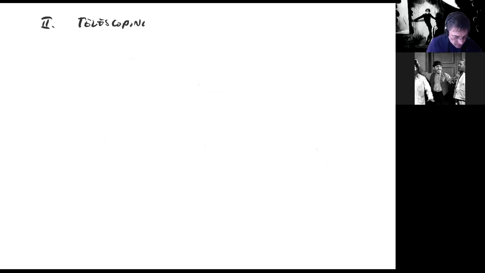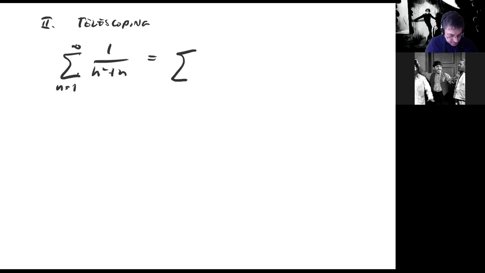There are lots of examples of telescoping series, but the one I want to start with is probably the first one you would encounter. This would be the sum, n goes from 1 to infinity, of 1 over n squared plus n. Now it doesn't look like much yet, but if I factor out the n on the bottom, you get 1 over n times n plus 1.